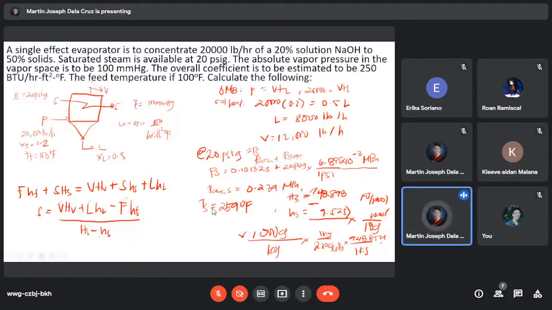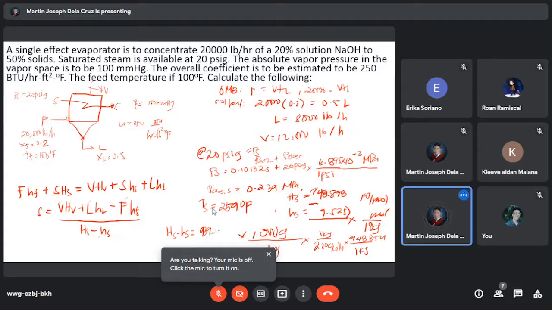Okay? So, ito class, kung hindi nyo maalam yung conversion ni kg at saka BTU, you can go to your section 1. Okay? So this now, HS minus HS now is 939.597 BTU per pound. Okay? So, ito class.